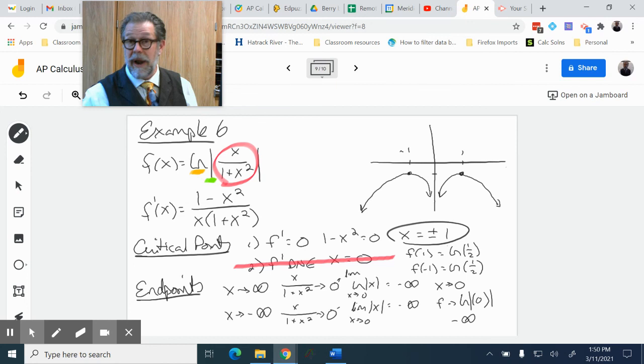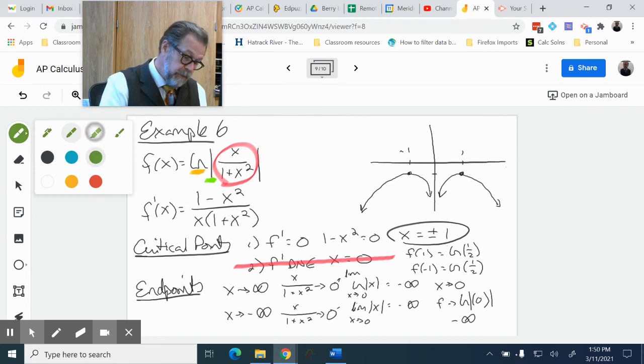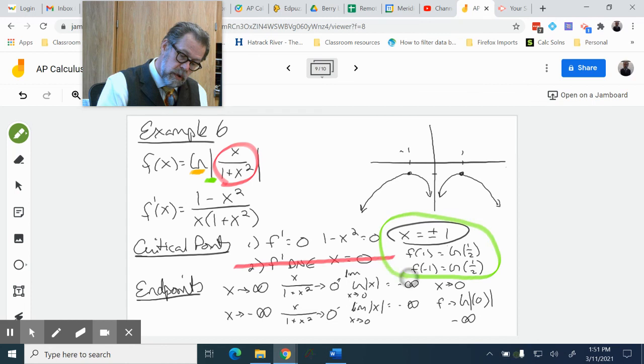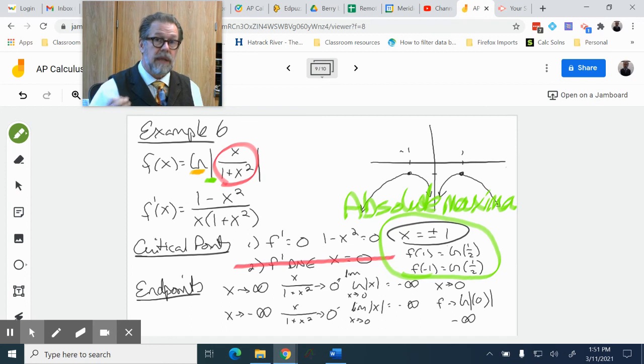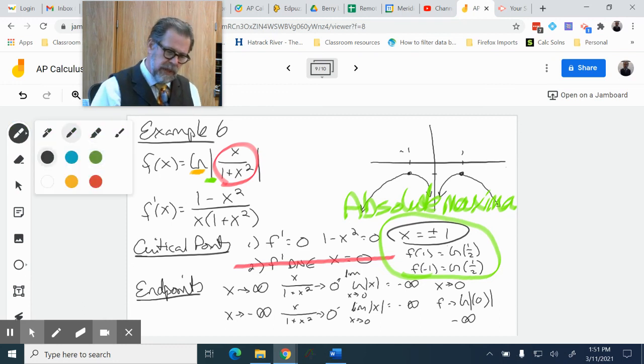So now I know graphically that it goes down as it approaches 0, which means that these are absolute maxima and that there are no absolute minimum. The function keeps going down forever. All right, good. We recovered from that one little glitch.